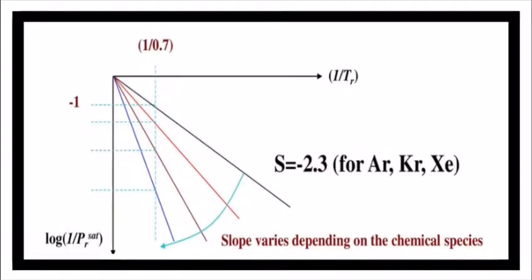If we plot log of PR saturated against 1 over TR, generally every fluid will follow a straight line. In particular, the simple fluid will pass through the point -1 at TR 0.7.